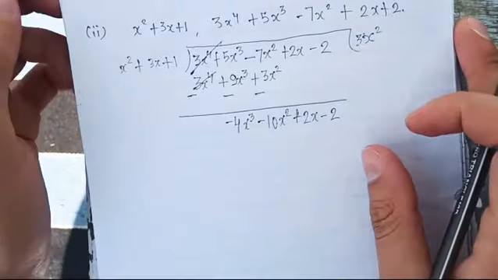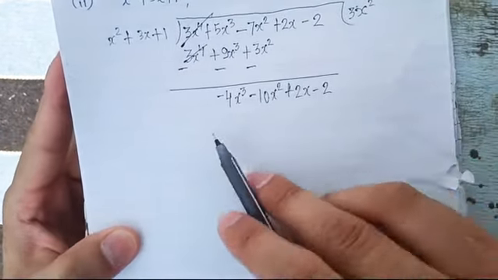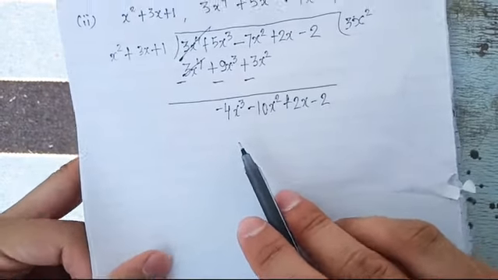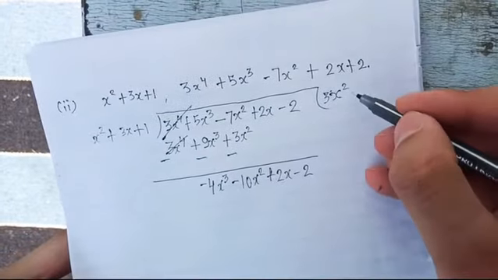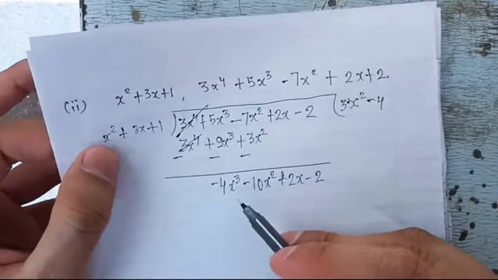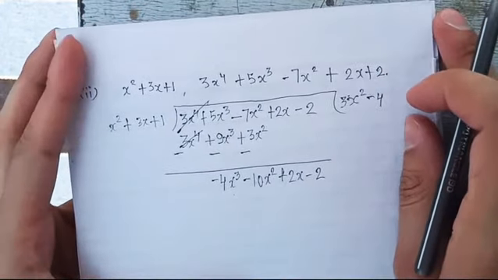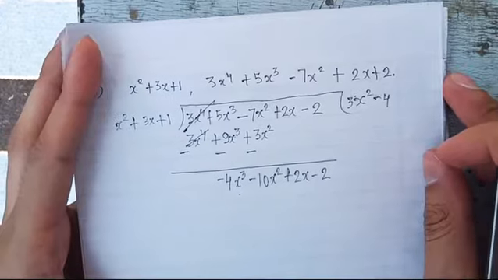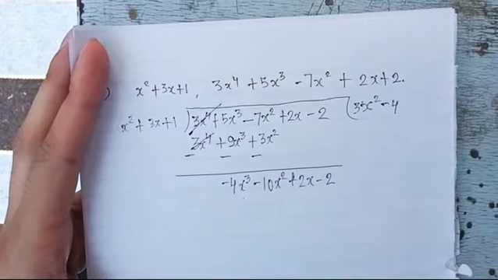Okay, is it clear? I think it is clear to you. Then here we have minus 4x cube and here x square, so minus 4 will be multiplied, that is obvious. From x square we need x cube, so which variable has to be multiplied, that also we have to observe.